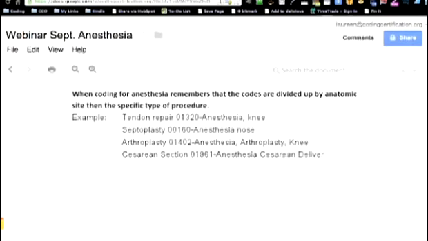So once you've looked up a few anesthesia codes, it's pretty easy as long as you know your anatomy, and you have to trust the index, because if you look up anesthesia of the nose and you don't know that's where a septoplasty is done, and you go in and you don't see septoplasty listed under 00160, you have to trust that your index is right and that that is of the nose.